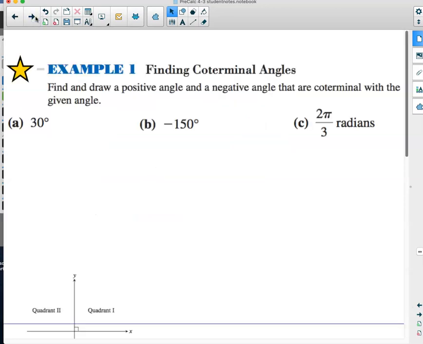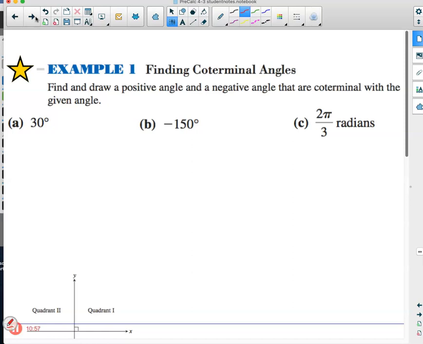Now, we want to find some coterminal angles, and it says find and draw a positive angle and a negative angle that are coterminal with the given angle. Quite frankly, I think we've done enough drawing. I think we'll just draw the original angle, and then we won't worry about putting those extra rotations on there for positive and negative angles that are coterminal.